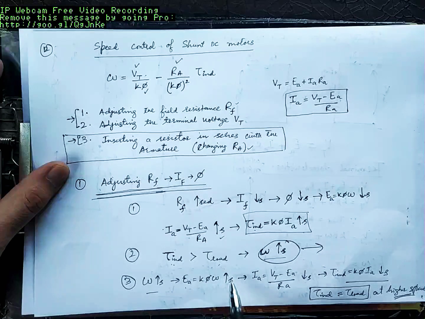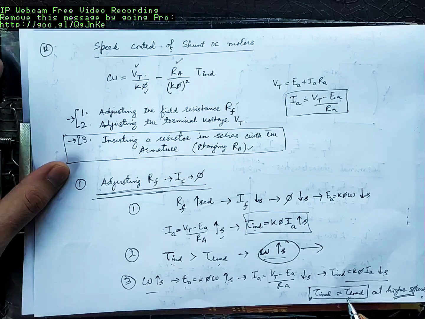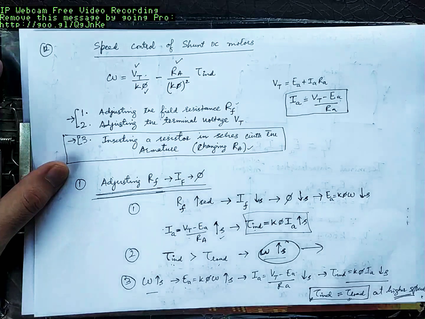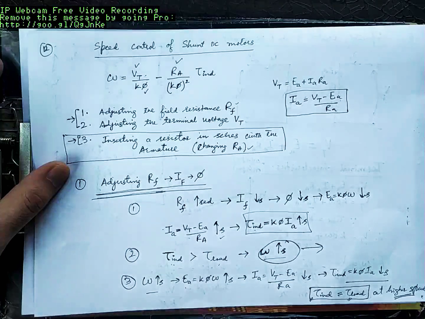When induced EMF increases, VT minus EA will start to decrease, so IA will start to decrease. That means tau induced will start to decrease, and tau induced will again become equal to tau load, but at a higher speed. That means again this motor is in steady state condition. Induced torque is equal to load torque, but now this happens at a higher speed. Thus, we have increased the speed of this motor.